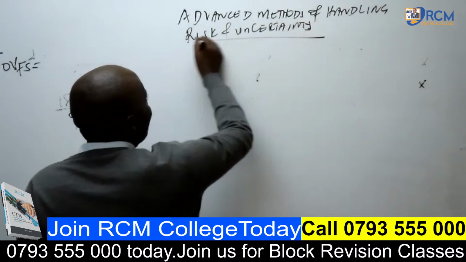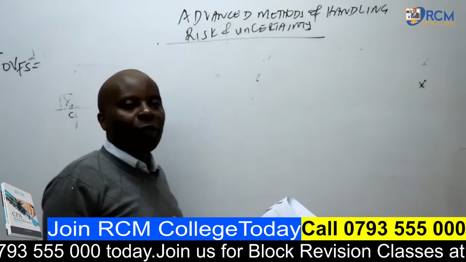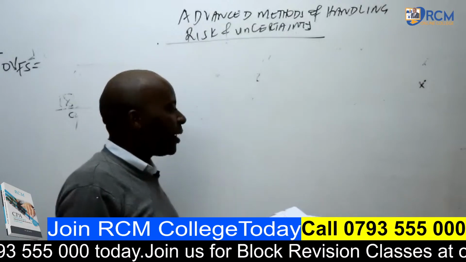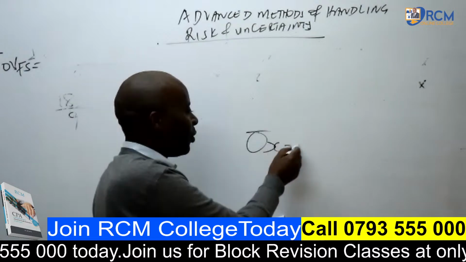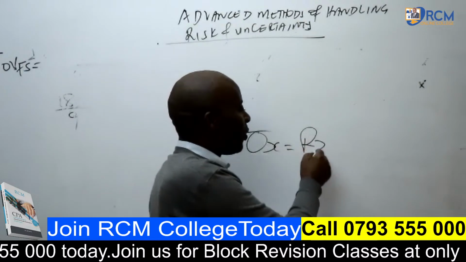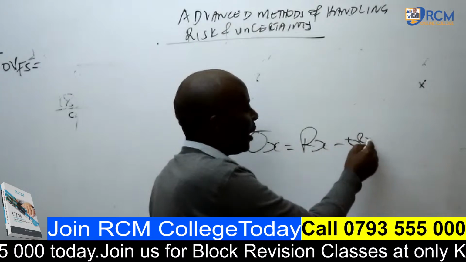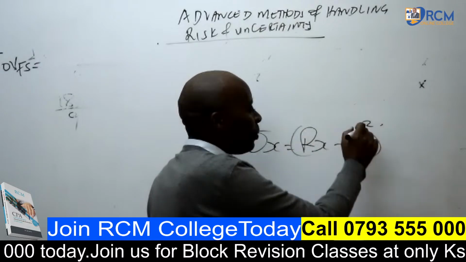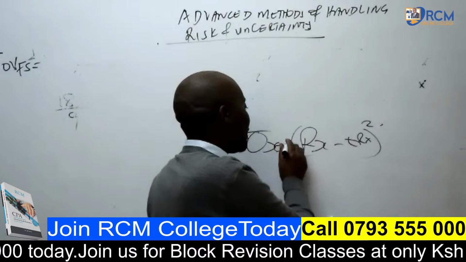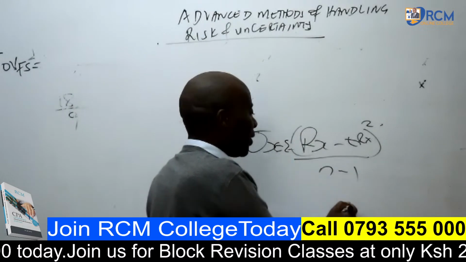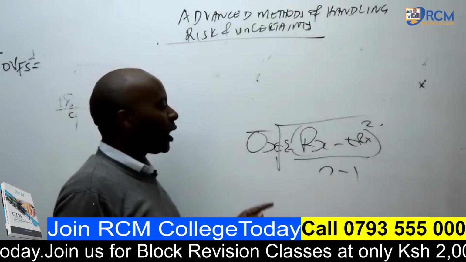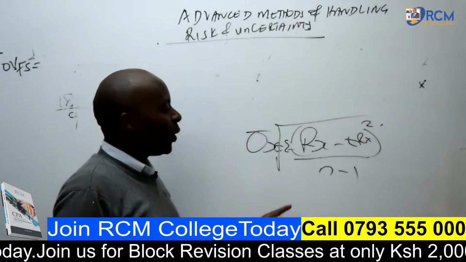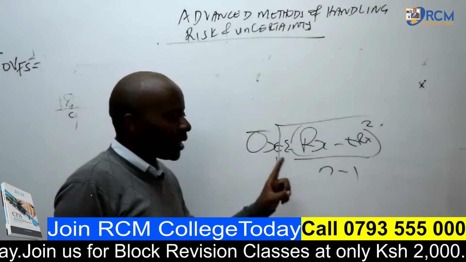Now, Sheila asked a very important question. When do we use the N in our division? If you remember, we had our standard deviation formula, for example, of X, which was X minus expected return of X, squared, times probability. Probabilities are not there, so you sum here, and then you divide by N minus 1, before taking the square root. Sheila was interested in knowing when we use the denominator as N alone.